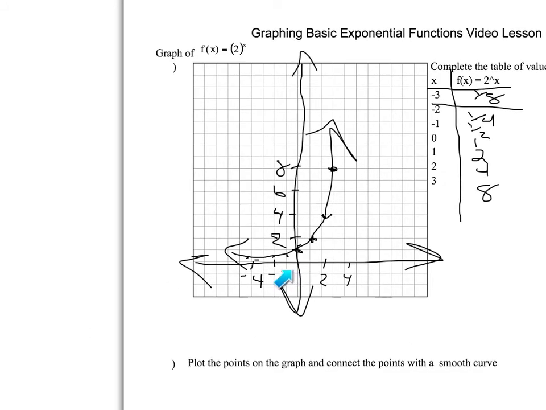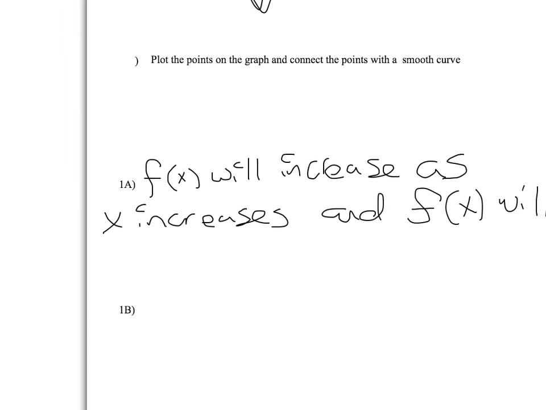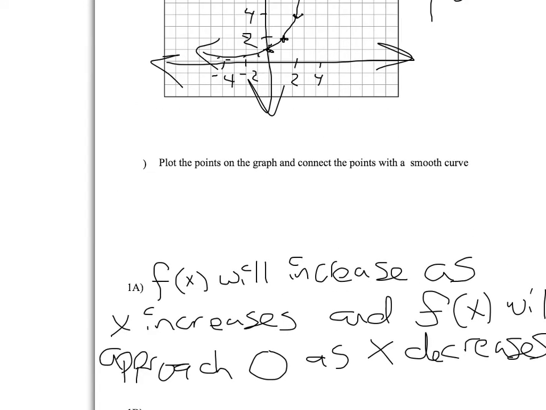Well, as I choose smaller and smaller x values, this line is getting closer and closer to the x-axis, but remember, it'll never touch it. So f of x will approach 0 as x decreases. It wants to know, does the graph intersect the x-axis?